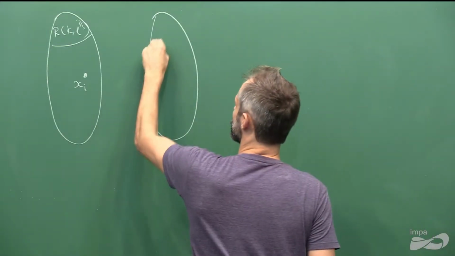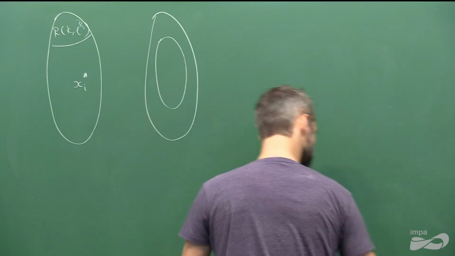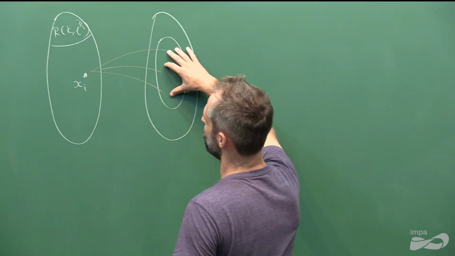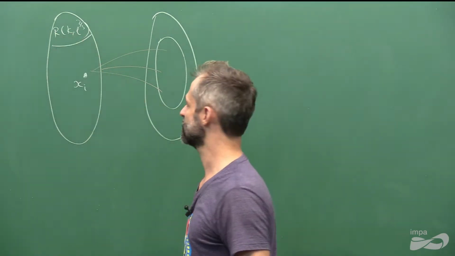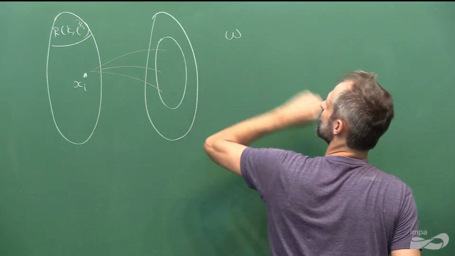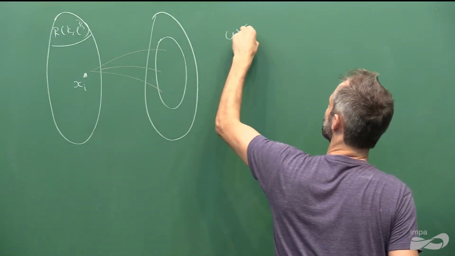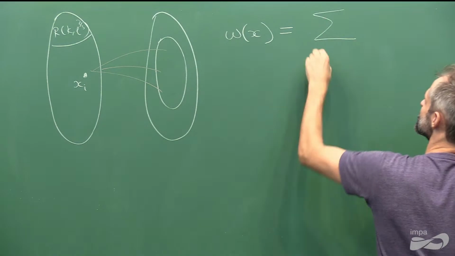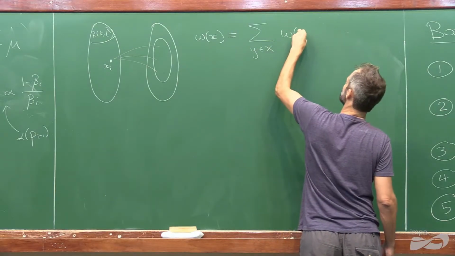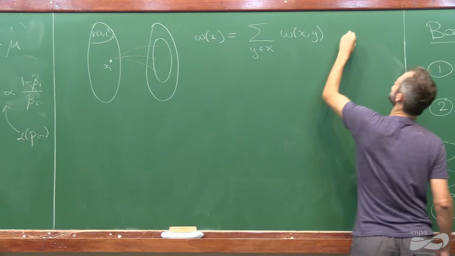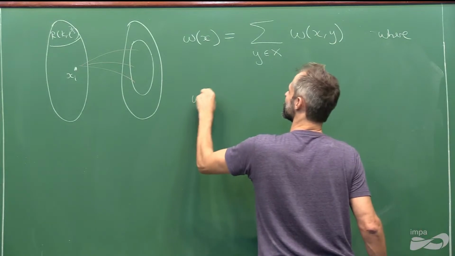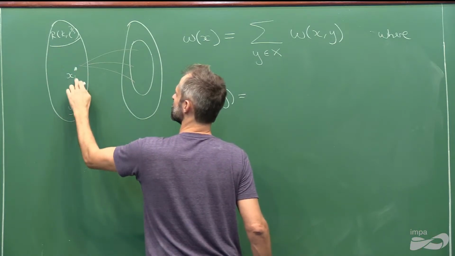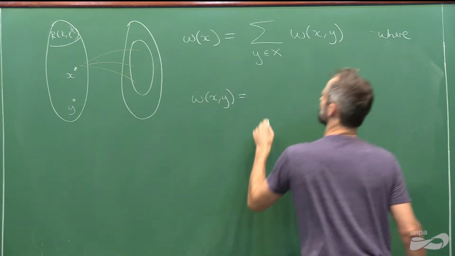Right? What do we want? We want that when we look at the red neighborhood over here of x_i, it has a good density to X. Okay, so let's define the weight of x to be the sum over y in X of the weight of xy, where the weight of xy is going to be, here's y, here's our x, the red density into here, basically.